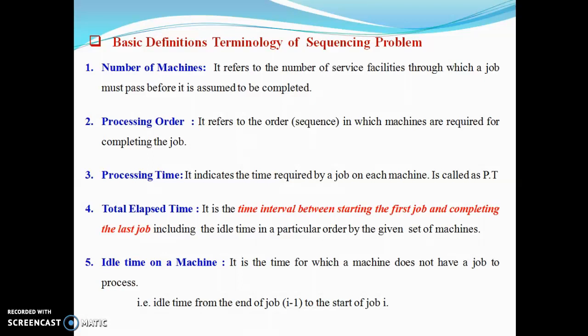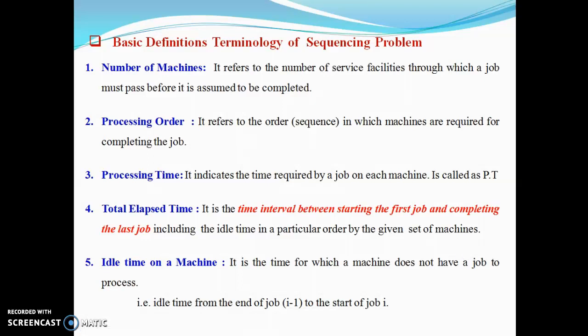Total elapsed time. Total elapsed time is the time interval between starting the first job and completing the last job, including idle time, in a particular order by the given set of machines.